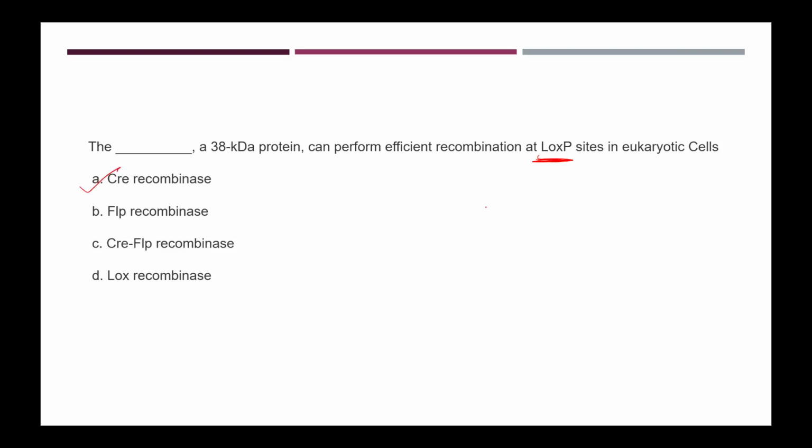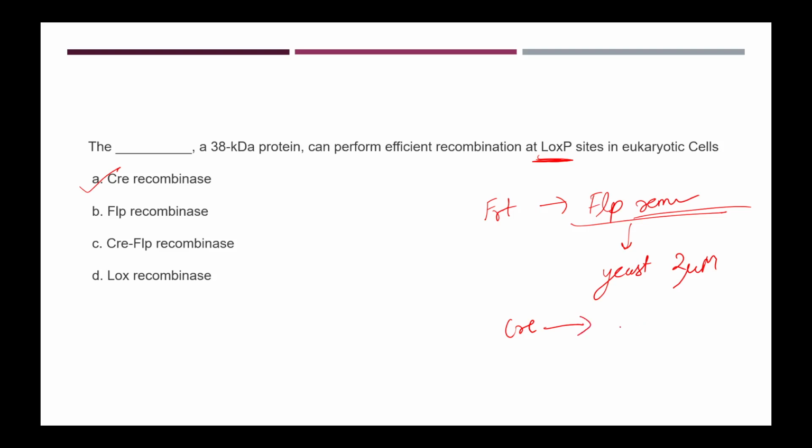If it is an FRT site, then it is FLP recombinase. FLP recombinase is derived from the yeast 2-micron circle plasmid, and Cre recombinase is isolated from bacteriophage P1.